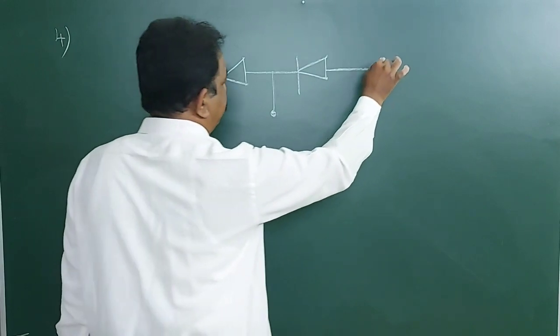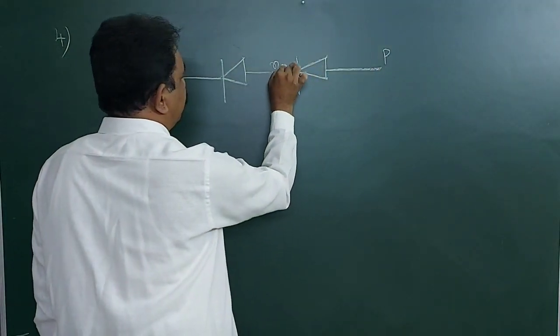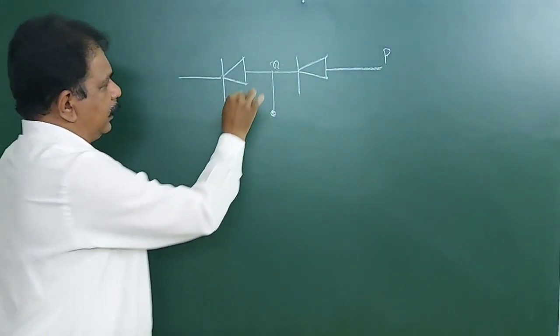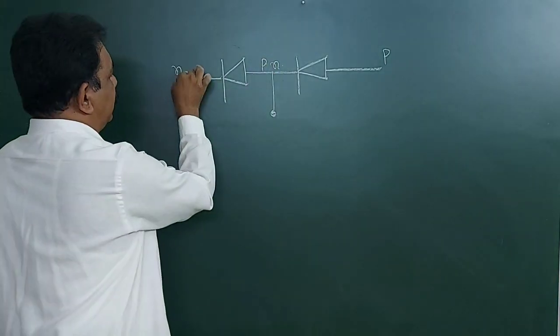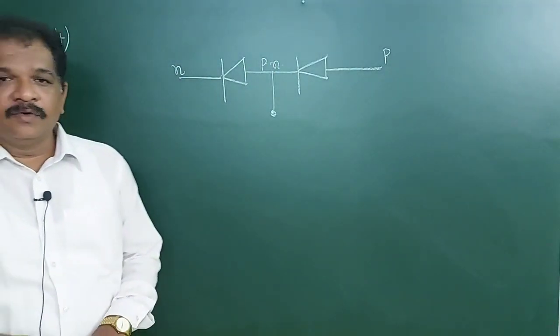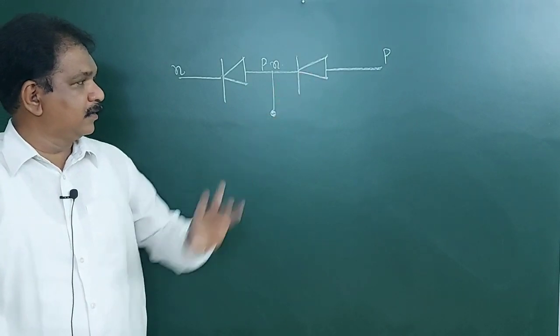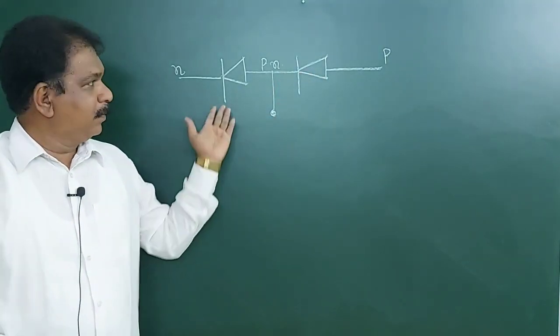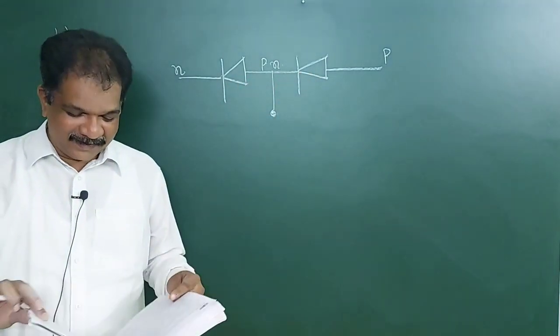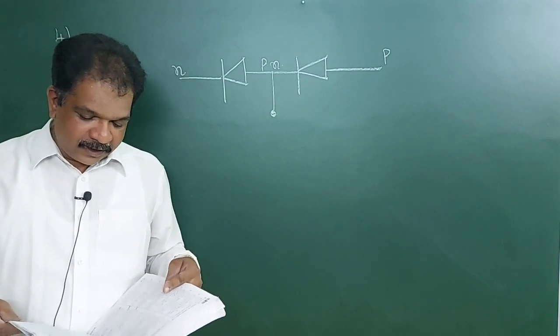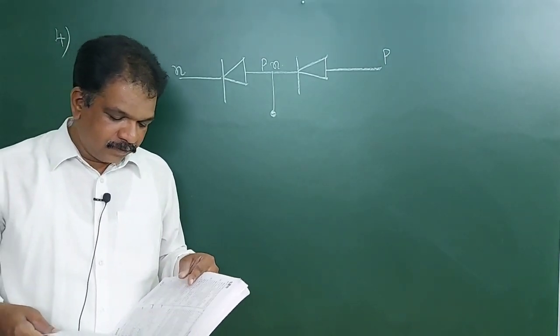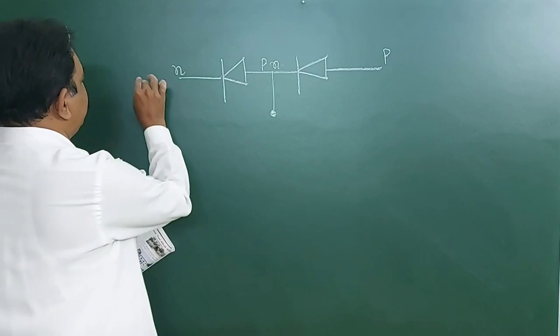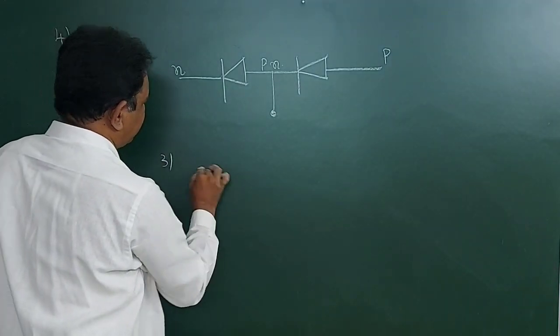Here it will be P. Here it will be N. Again here it will be P. Here it will be N. It will not be NPN transistor. NP transistor, that is.